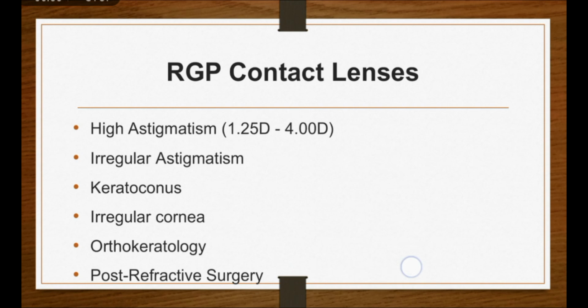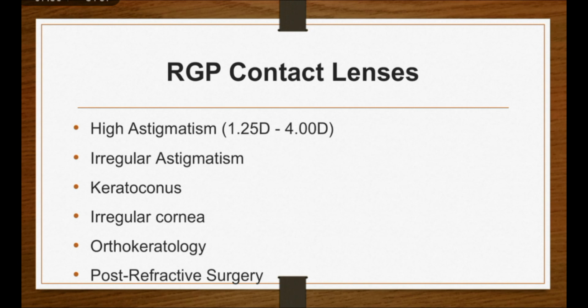And for post refractive surgeries we can also give RGP contact lenses, so that the corneal surface may not have any irregularity, or may not change shape. So in order to maintain the shape of the cornea, we can prescribe RGP lenses, right? We will not go into much detail over here. It's a brief introduction about all these contact lenses.